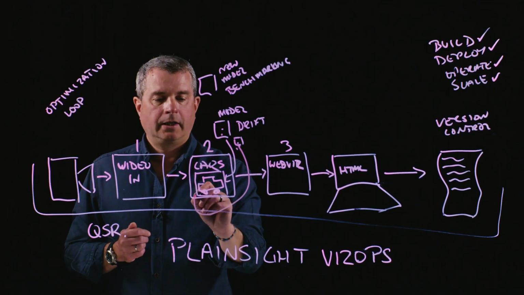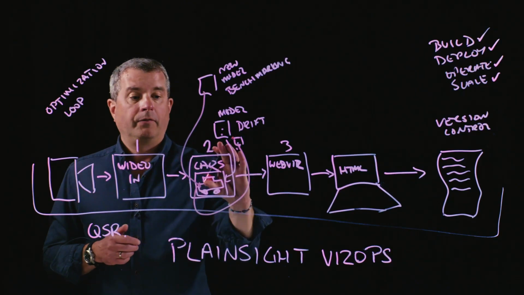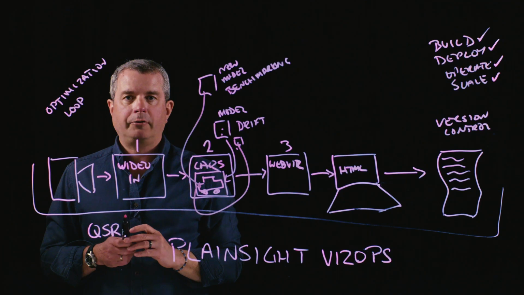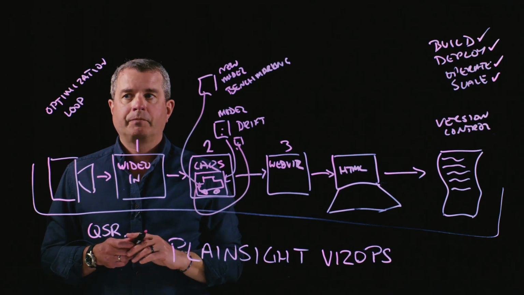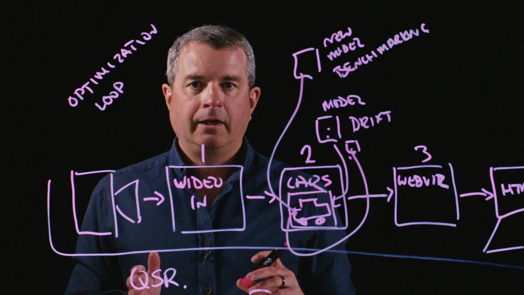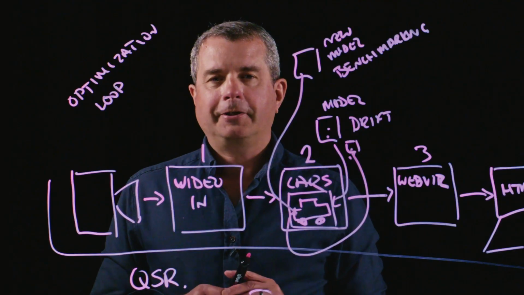This allows us to continually update the car detection filter to ensure we're meeting the required levels of accuracy or ever improving them. The optimization loop is what ensures that over time, application performance increases rather than getting worse.